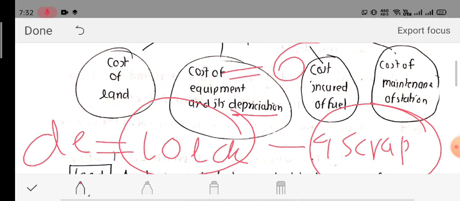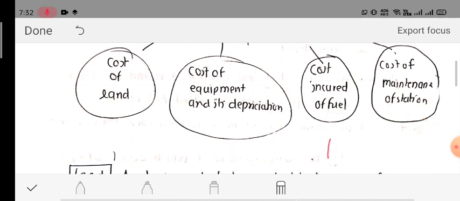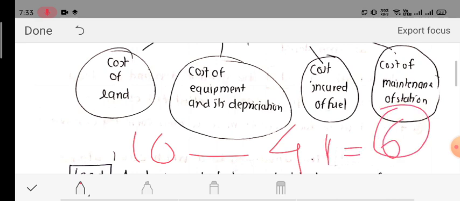which we need to make provision for out of your profit. So there is one equipment, let's say for 10 lakh, after a useful life of 10 years the scrap value is 4 lakhs, then the depreciation cost is 6 lakhs.